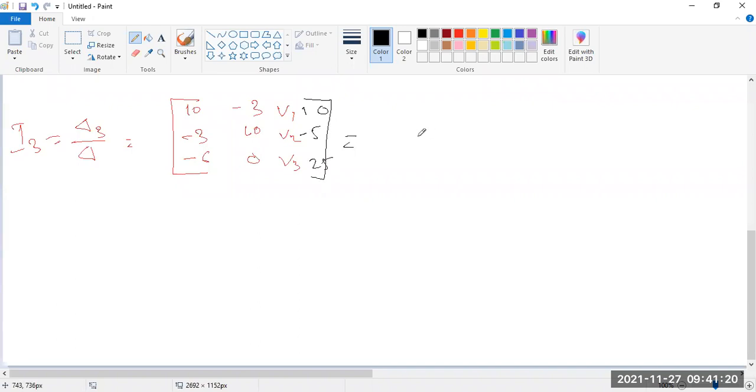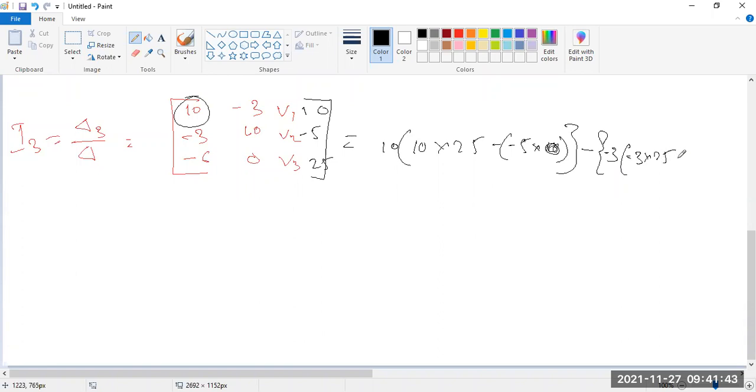So if you go for the equation, then we can find this. First this is 10, in this is 10 into 25 minus of minus 5 into 10. Sorry, this is not 10, this is 0. And then minus of minus 3 into 25 minus of minus 5 into minus 6. Next, then again plus 10 into minus 3 into 0 minus of 10 minus of minus 6.